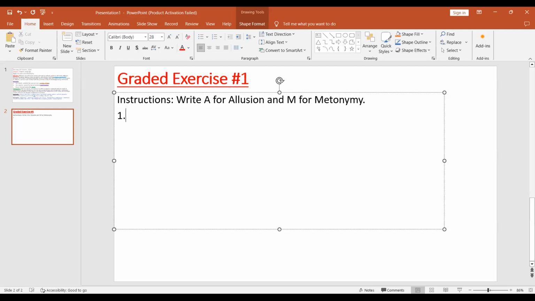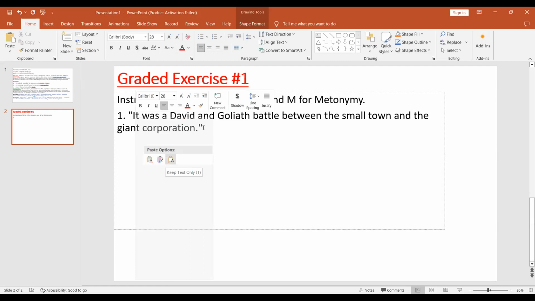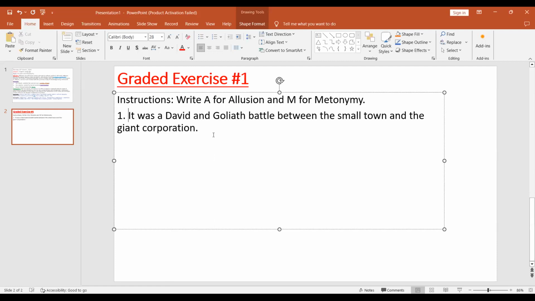All right, number one, write A for allusion and write M for metonymy. It was a David and Goliath battle between the small town and the giant corporation.